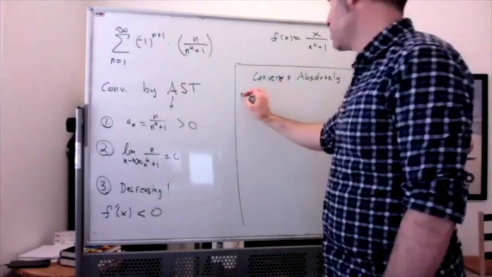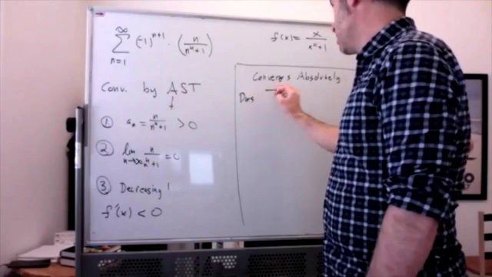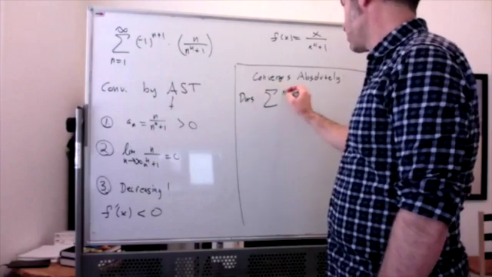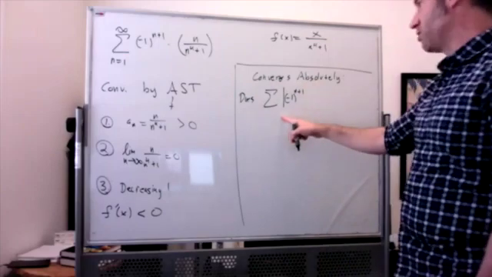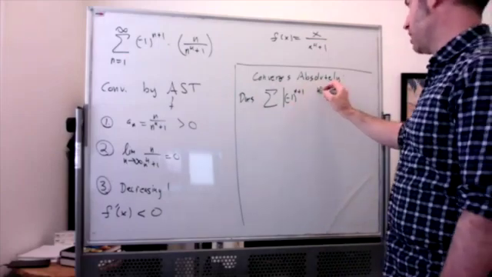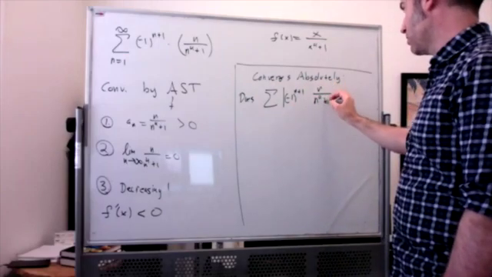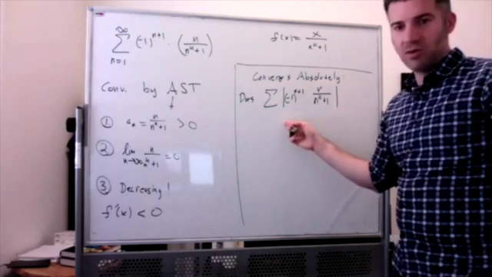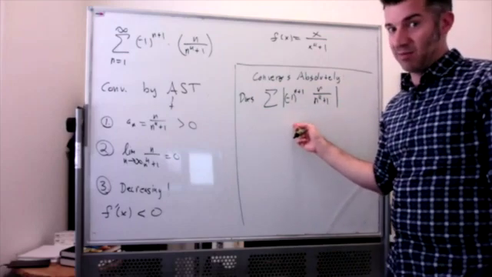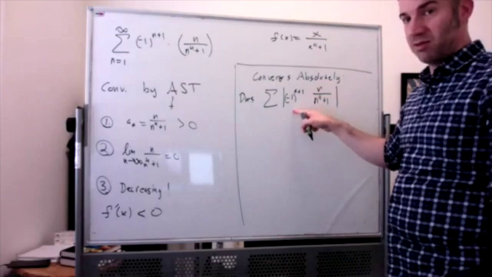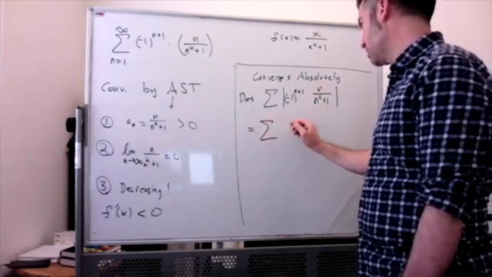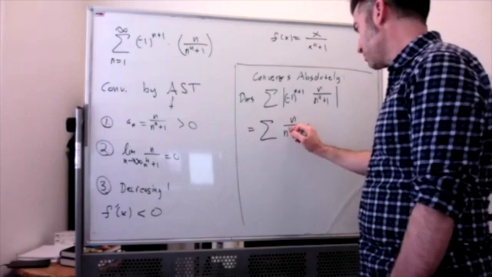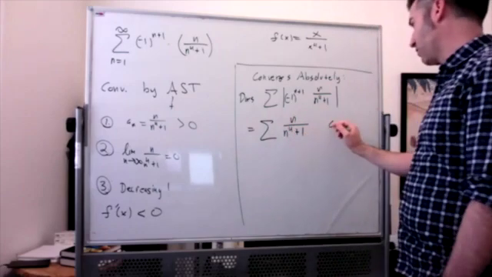So does this series, which I know feels silly to write out, the absolute value of -1 to the n plus 1 times n over n to the 4th plus 1, really, you should just say this series is the same as this without the -1 to the n plus 1. Does this series converge?